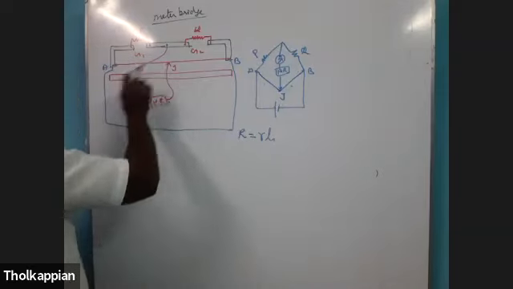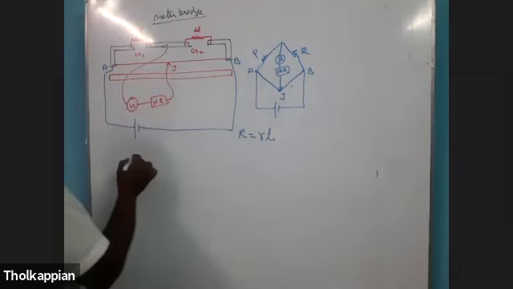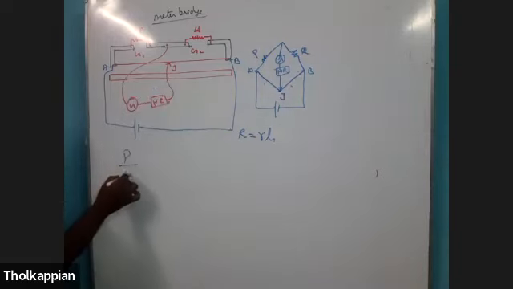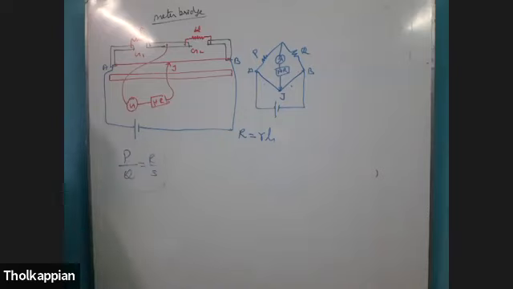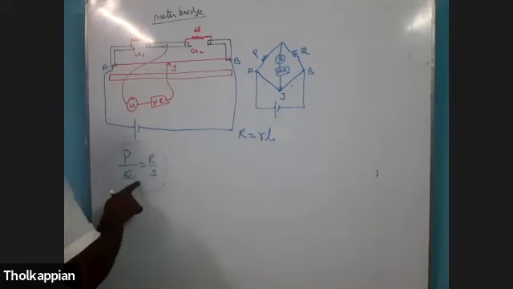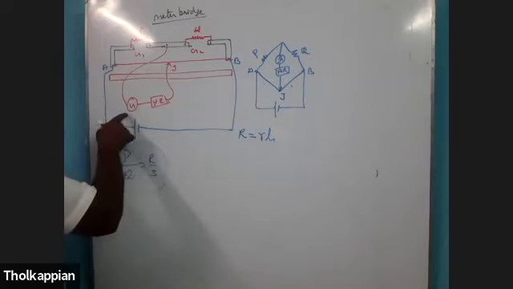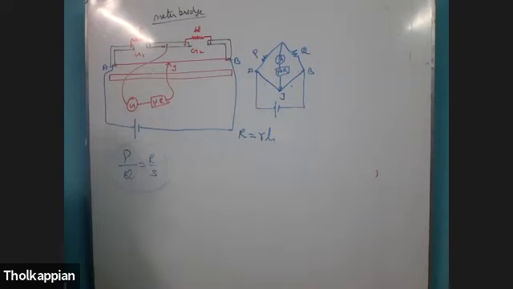If you are adjusting this, you know the balancing bridge condition is P by Q is equal to R by S. This is the balancing condition. What is meant by the balancing condition? The galvanometer must show zero deflection. Then only can we say it is the balancing condition.